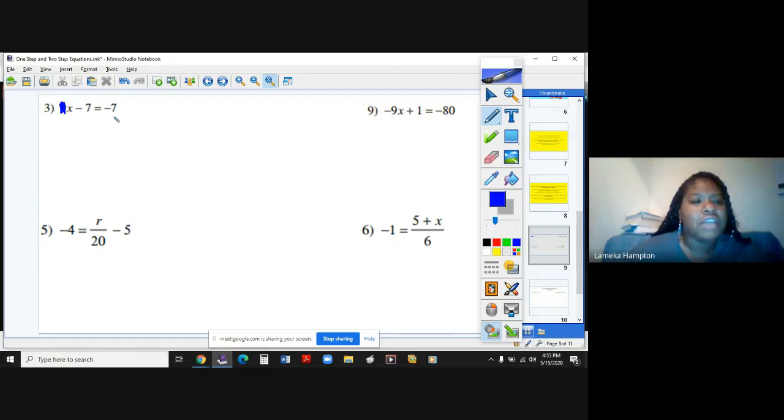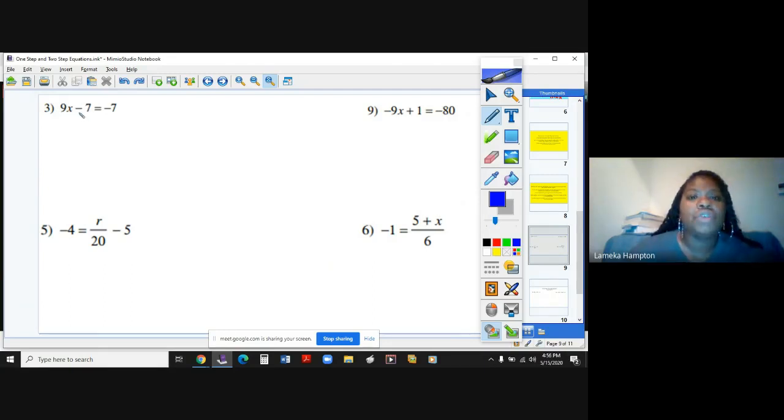But now, because we have a coefficient, or a number that is in front of the variable, that means we're going to have to do two steps, okay? So the very first step that we are going to do in number 3, we have to recognize and identify what kind of problem we're working with. So for number 3, we are working with a subtraction problem. Why? Because we have a subtraction sign in the middle.